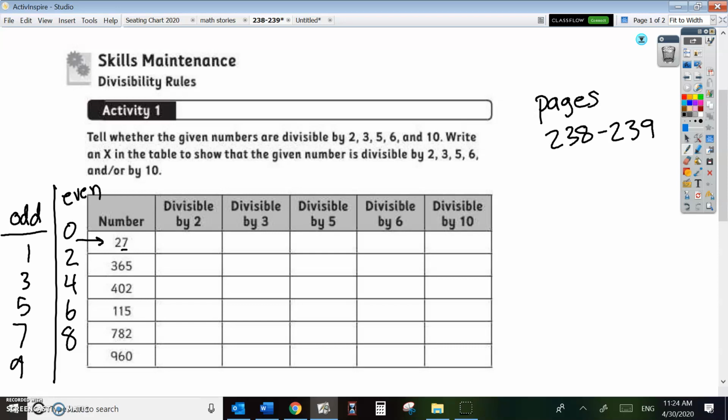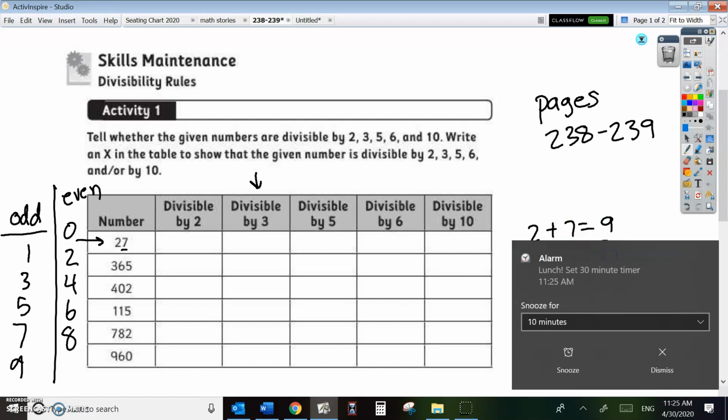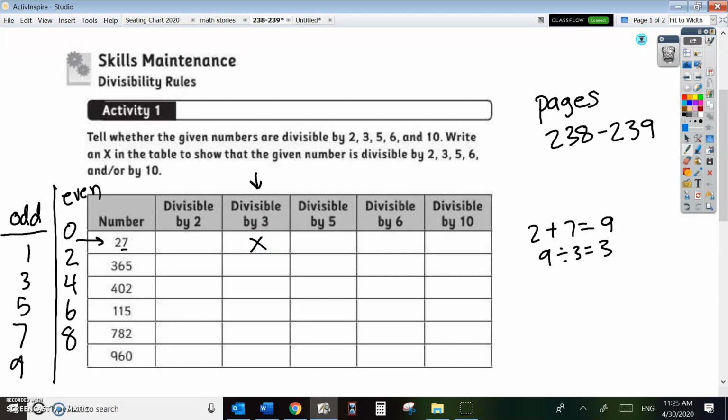Now, is it divisible by 3? The rule was, if you add the digits, 2 plus 7 is 9, and 9 is divisible by 3 evenly, then yes, it's divisible by 3. Is it divisible by 5? Well, the rule was, if the last digit was 0 or 5, it was divisible by 5.